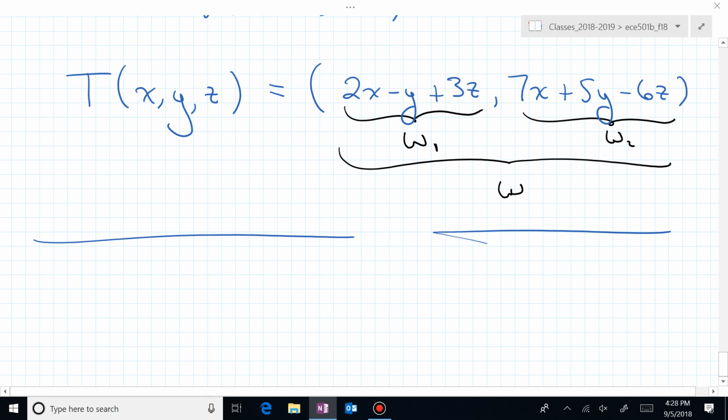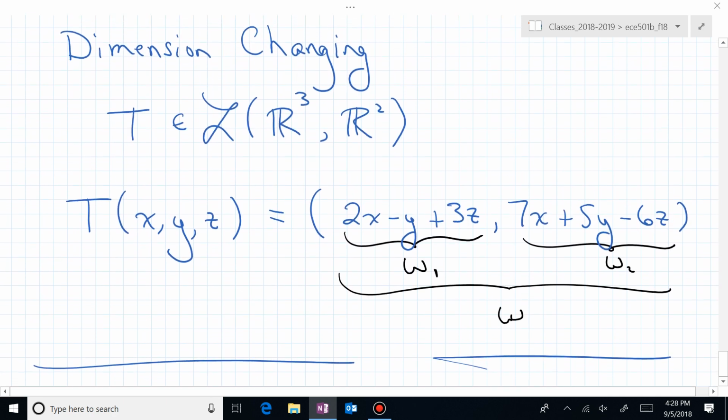Pardon? So the question was, they have the same dimension. What dimensions? Look at how many slots I have relative to the commas in my argument. In T, how many coordinates is T operating on? 3.